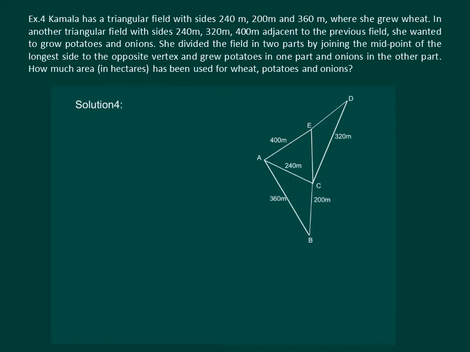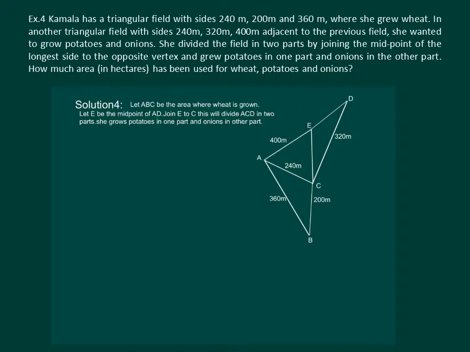She divided the field in two parts by joining the midpoint of the longest side to the opposite vertex and grew potatoes in one part and onions in the other part. How much area has been used for wheat, potato and onions?